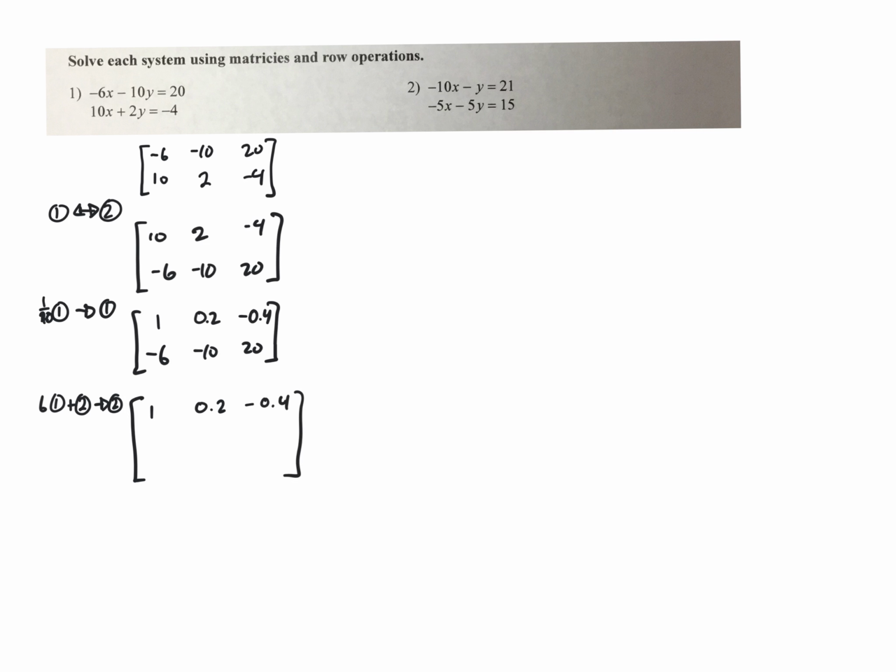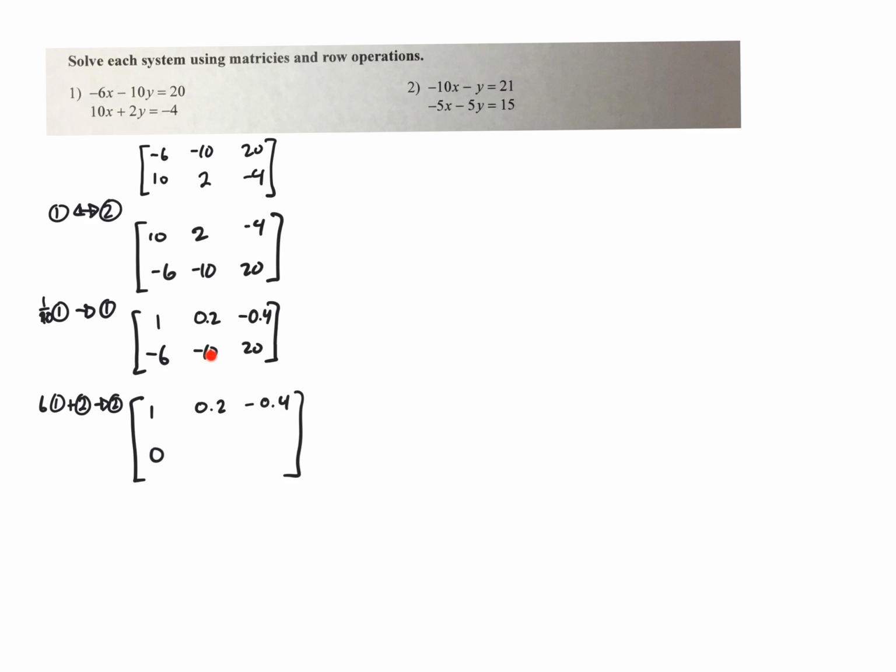And then the second row I have to follow this. So I'm going to say 6 times 1, which is 6, plus a -6, which is 0. Now I'm going to say 6 times 0.2, that would be 1.2, right? Yeah.